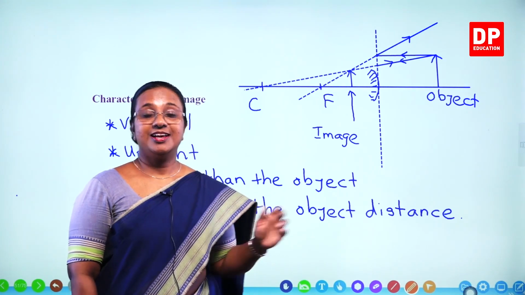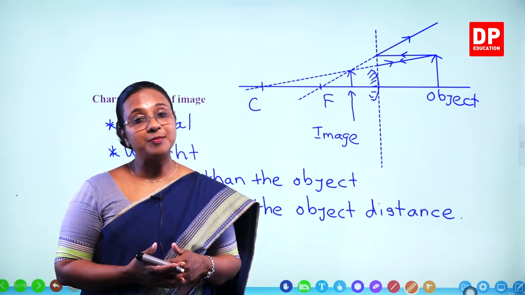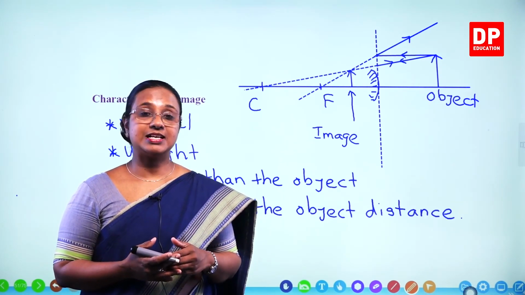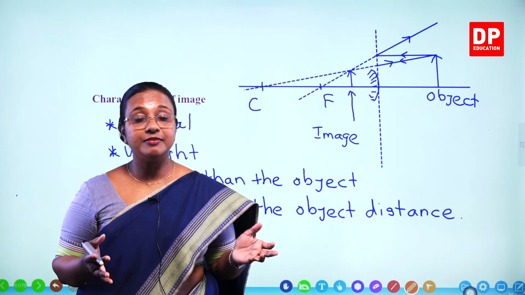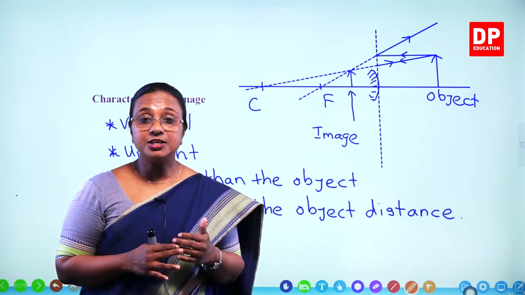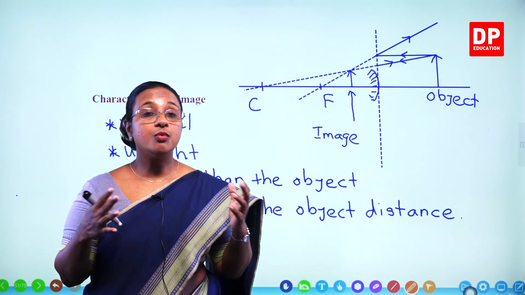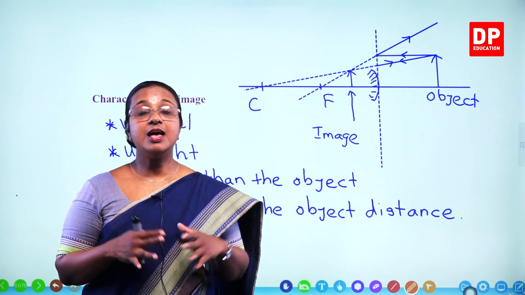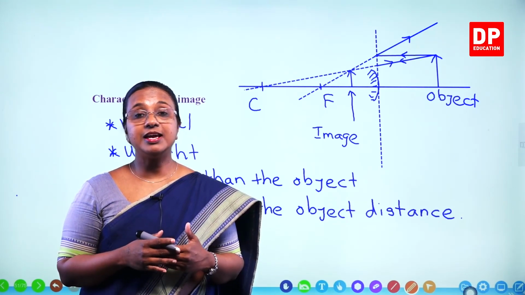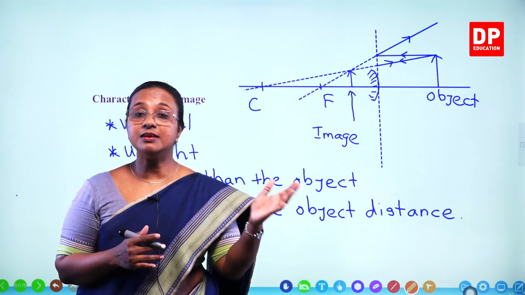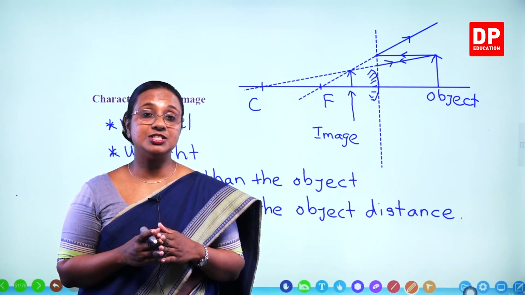So students, with that I have come to the end of the discussion on both types of spherical mirrors or curved mirrors. We started off discussing what curved mirrors are and how we get them, how they reflect the rays. One is a convergent mirror, the other one is a divergent mirror.